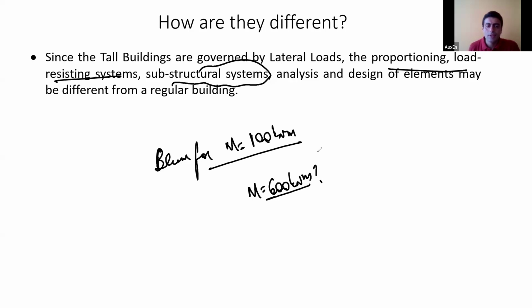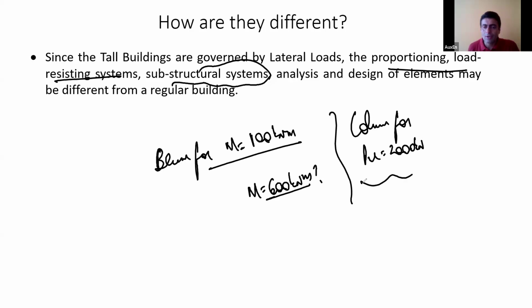What do you think? Or if you are designing a column for, let's say, an axial load of 2000 kilonewton, will you be able to design another column for, let's say, an axial load of 20,000 kilonewton? What do you say? Yes or no? I think so. You will be able to design, isn't it?